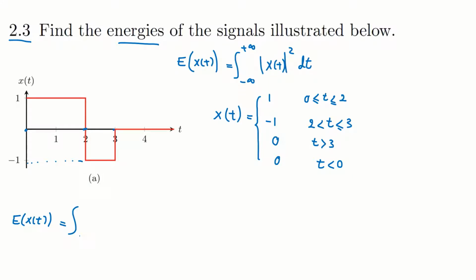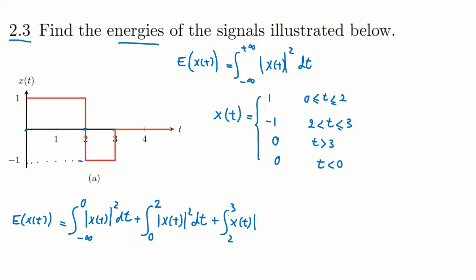So I can say integration of the signal from -infinity to 0 of absolute of xt squared dt, plus from 0 to 2, and then from 2 to 3, and then integration from 3 to infinity.